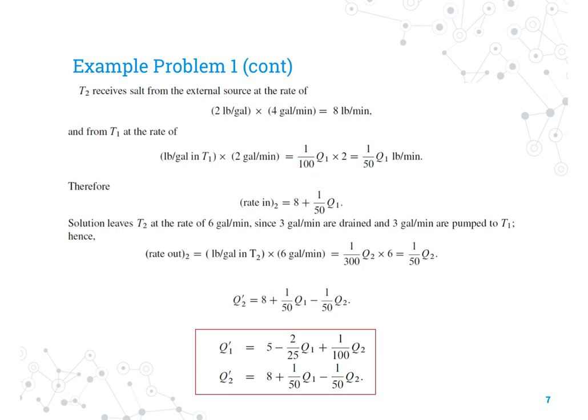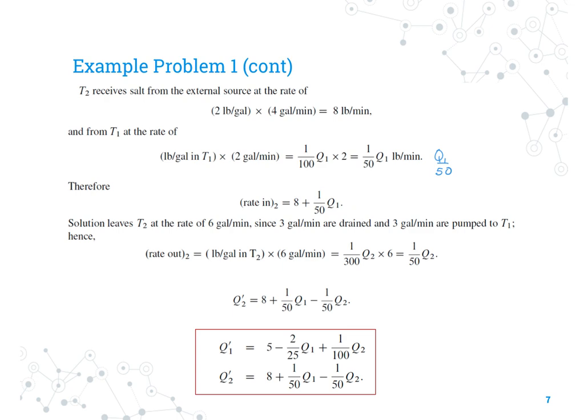So we have Q1 over 100 times 2 gives us 1 over 50 Q1, or Q1 over 50. And then that leaves our rate in now is going to be 8, right, from here, our 8 plus our Q1 over 50. That's our total rate in.